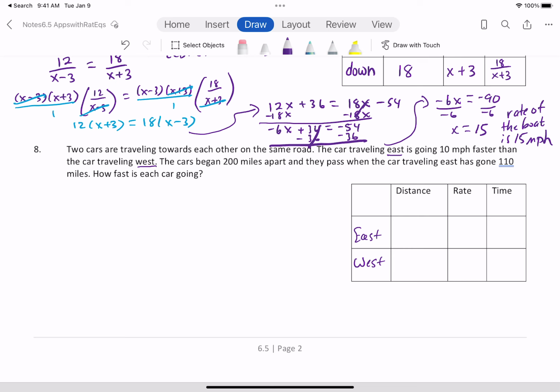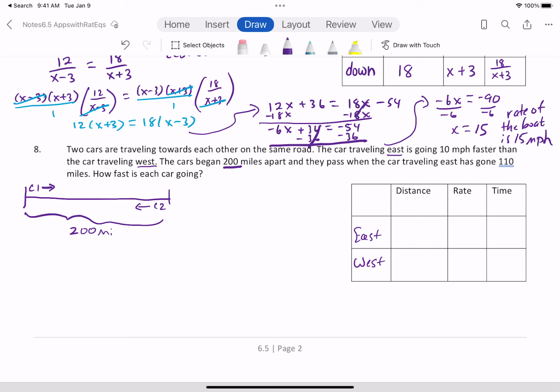Alright, so this one does have a good bit going on. So let's see if we can think about what's happening for a little bit. Let's say we have this road and we have one car that is going this way and the other car is going this way. The cars begin 200 miles apart.